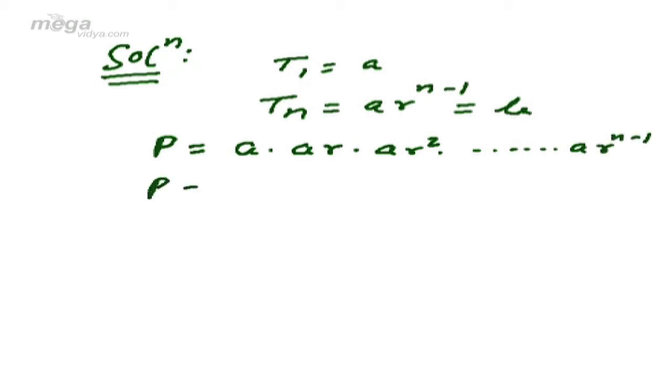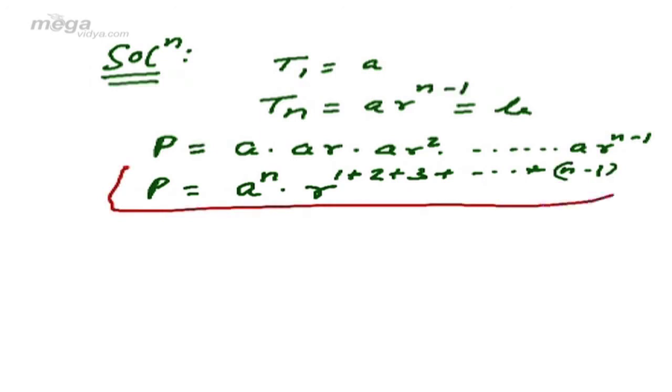It means P is equal to A multiplied n times, so it becomes A to the power n. But here, R to the power 1, R to the power 2, the base is the same, so the powers must be added. That is 1 plus 2 plus 3 up to n minus 1.